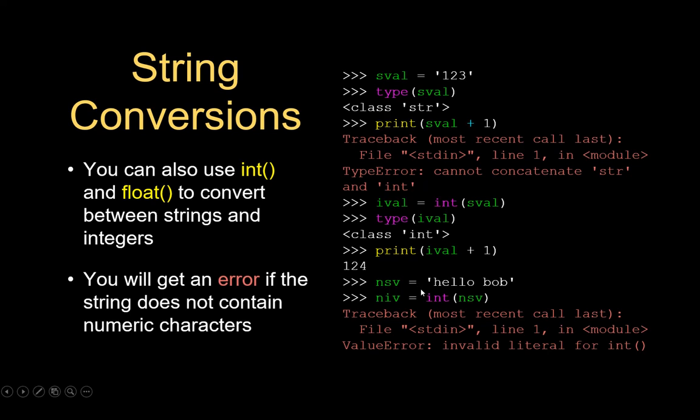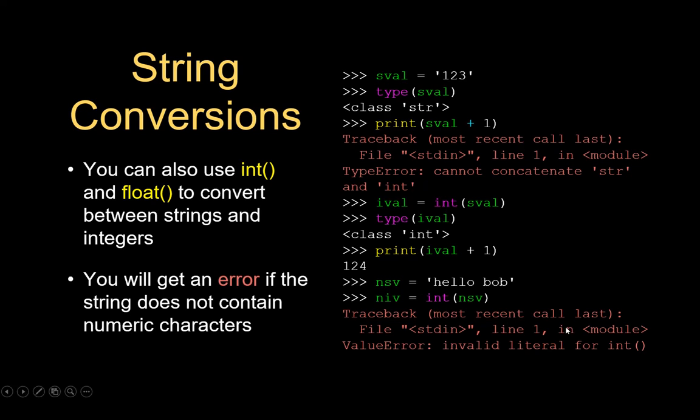Here we assign a string that has no numeric value, so the type of this will be saved as a string.